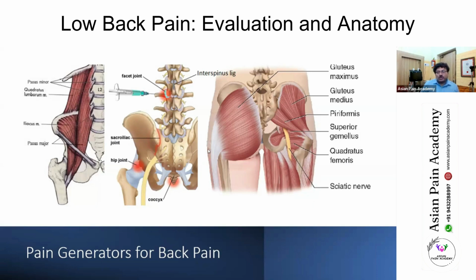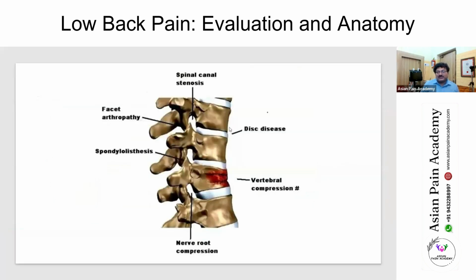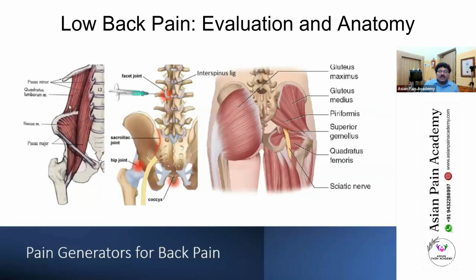So in short, if we go back, the common causes of back pain are disc disorders, facet arthropathies, sacroiliac arthropathies, spinal stenosis, vertebral compression fracture, disc herniation, and disorders related to muscles like piriformis, quadratus lumborum, and psoas. They can all cause back pain.